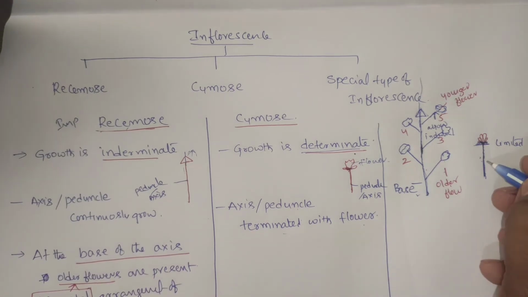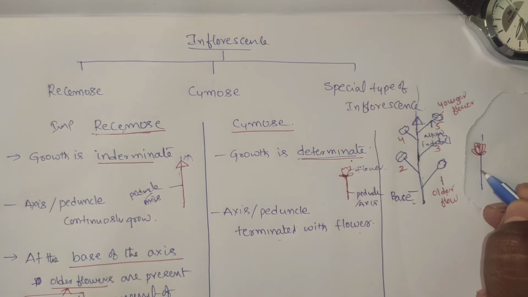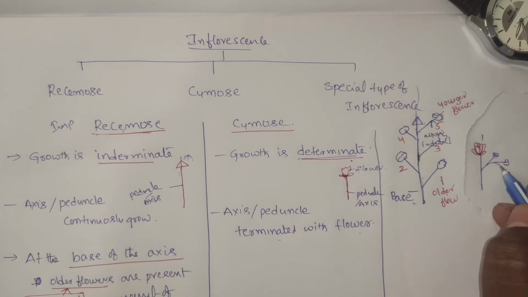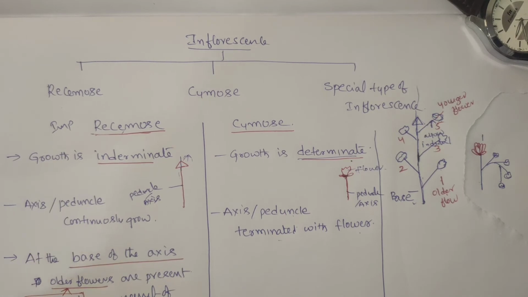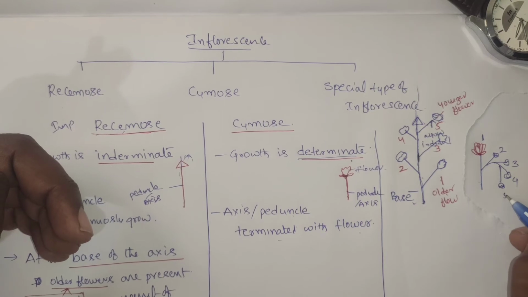Whereas in this kind, this is flower number 1, and this is the peduncle. This peduncle will have one more branch. This is flower number 2, and again this will have one more branch. This is flower number 3, then flower number 4, and again one more branch, this is flower number 5.